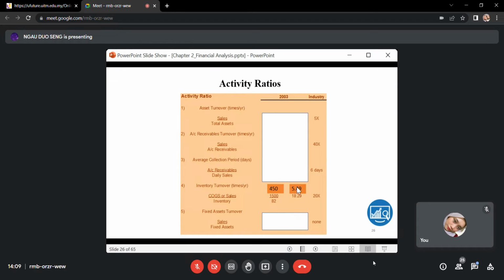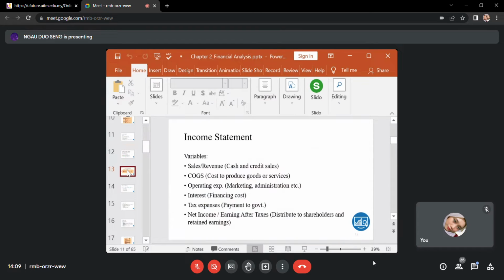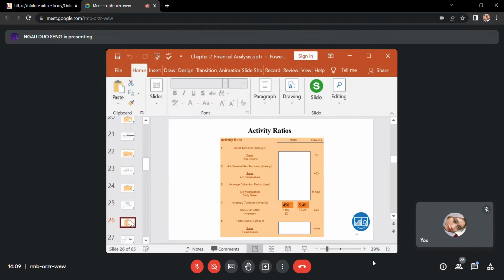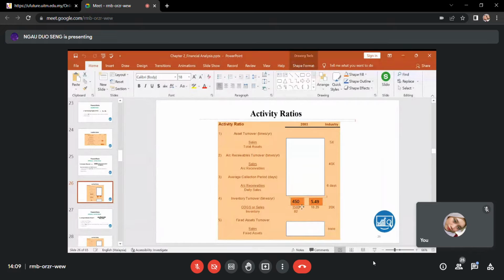5.5. Why is this one 18? This one is 450.